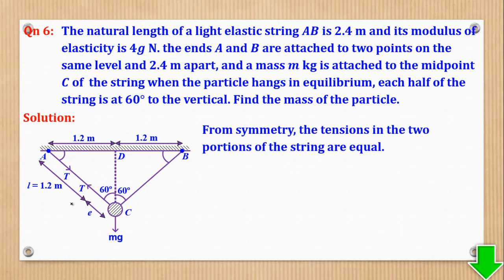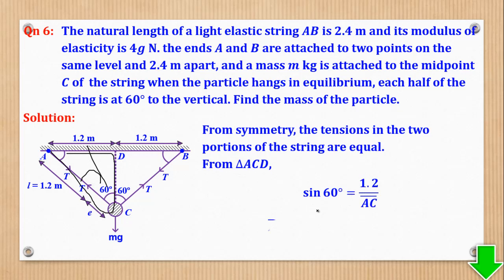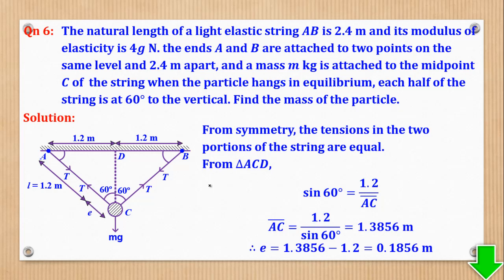We already say that tension will be the same, so even here it will be T. So from triangle ACD, sine 60 is equal to opposite over hypotenuse. So AC will be given by that, meaning I can now get the extension. But they want the mass of the particle, meaning we have to resolve.